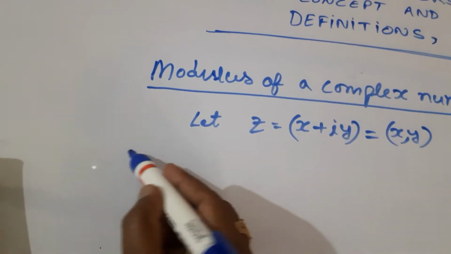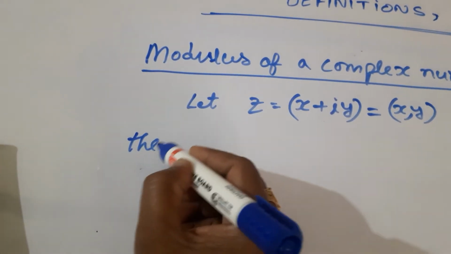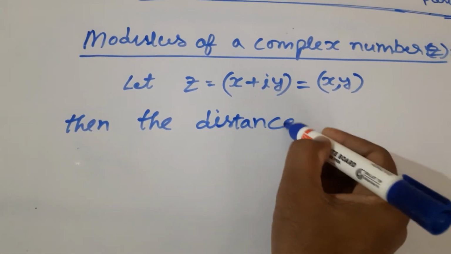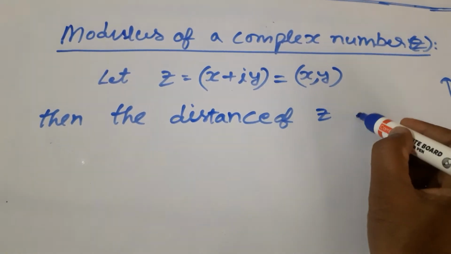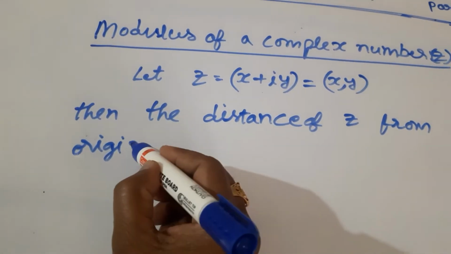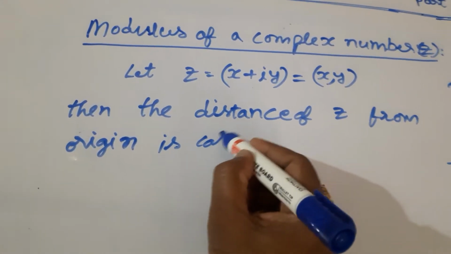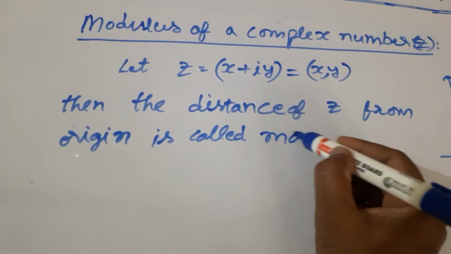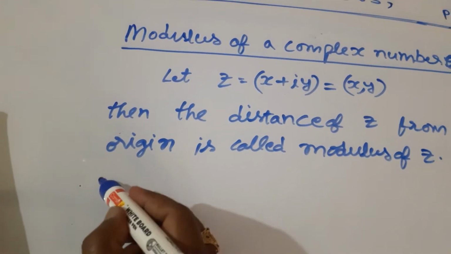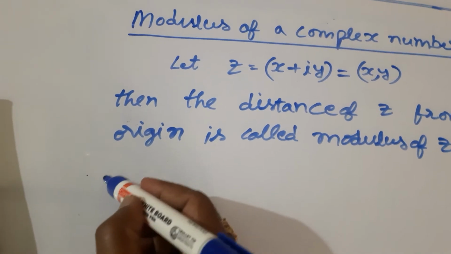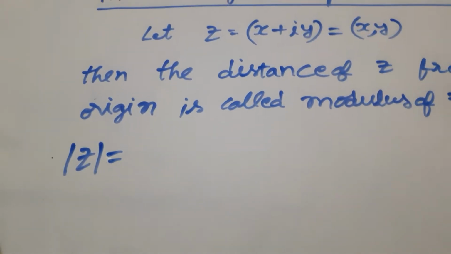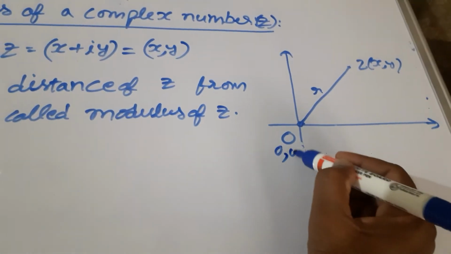So what is the definition of modulus of a complex number? The distance of z from origin is called modulus of z. It is denoted by mod z. Mod z equals distance between these two points. Coordinates of origin 0, 0.